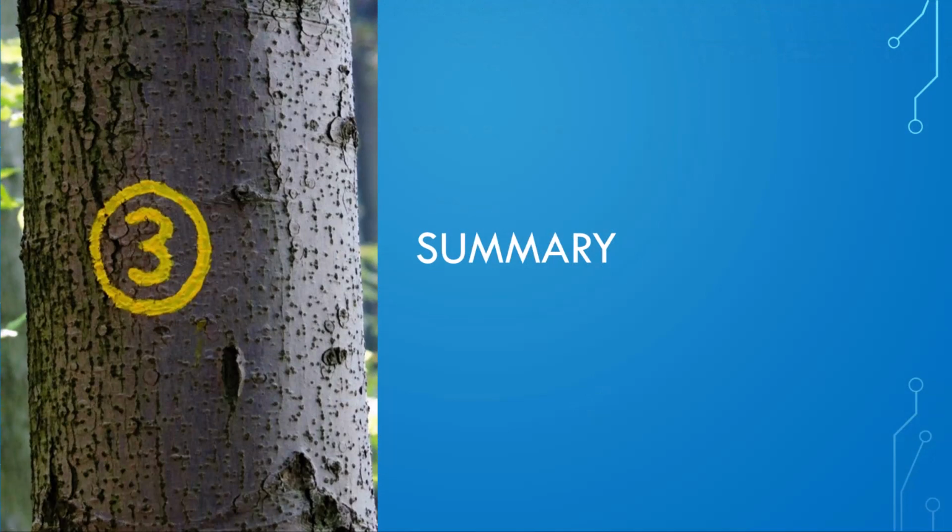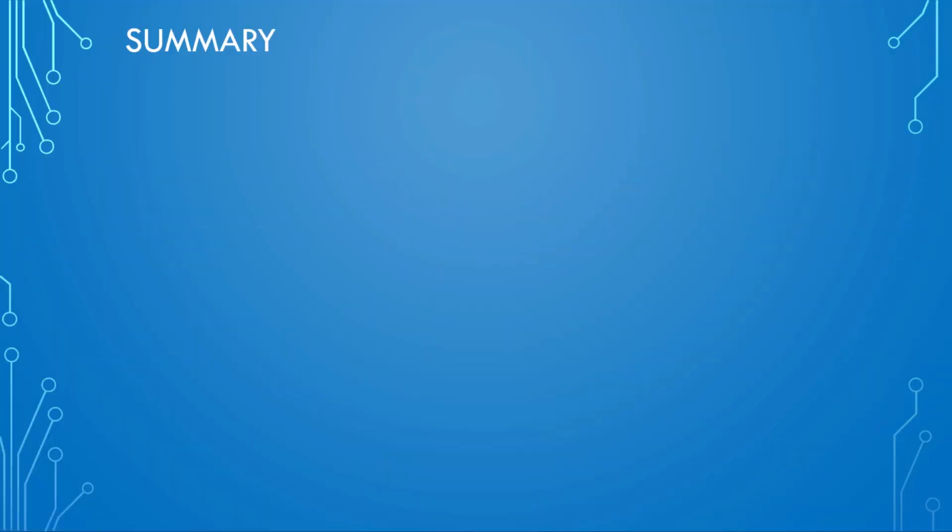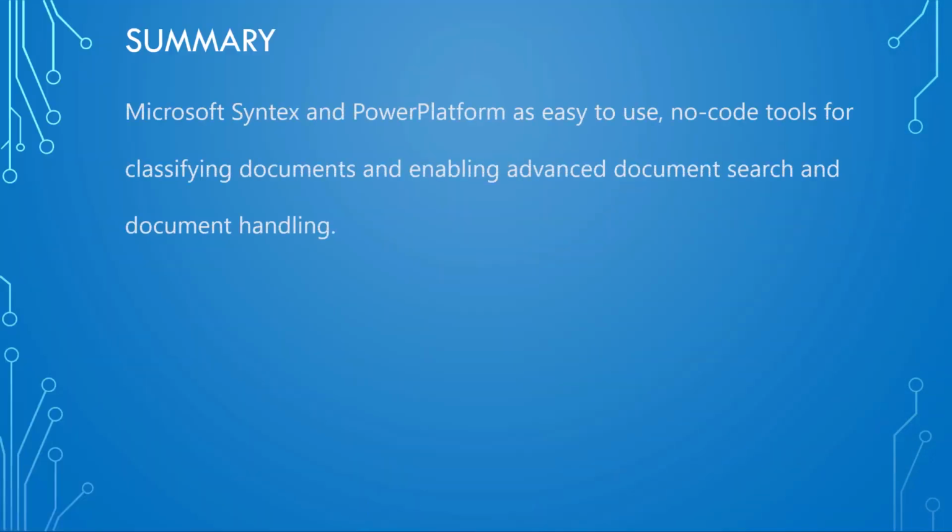Okay, so here's a short summary. What did we see? We saw how Microsoft Syntex, SharePoint, Power Platform, and Dynamics 365 work together in a very easy no-code way for handling documents. So even if you're not a developer, you can easily do that.